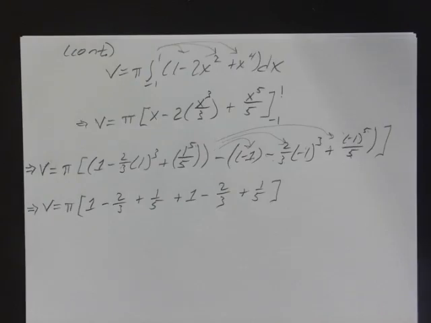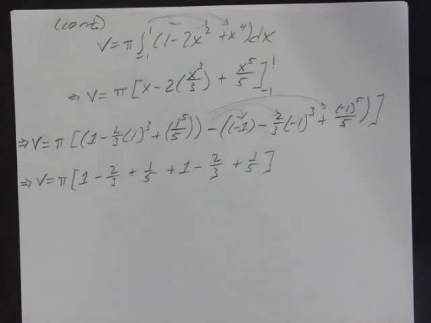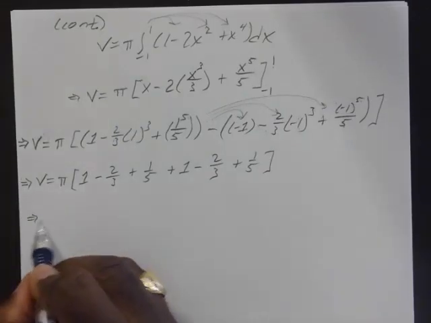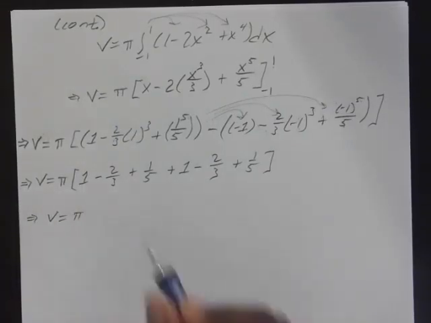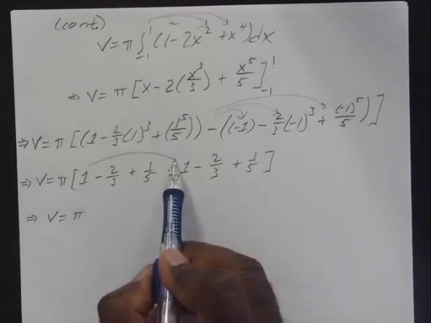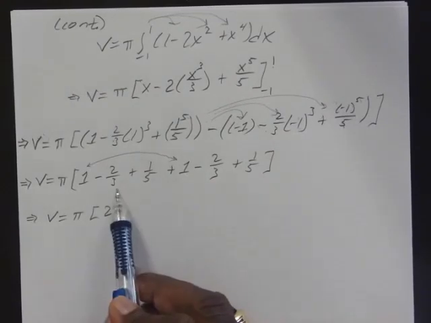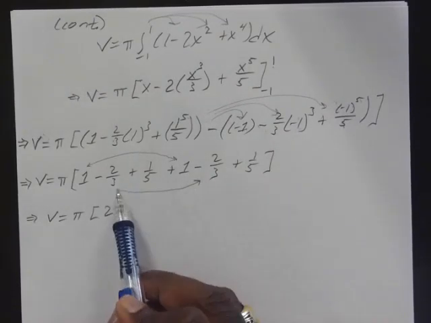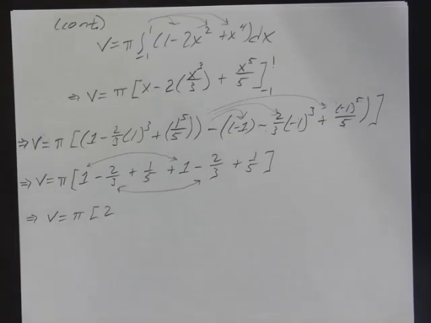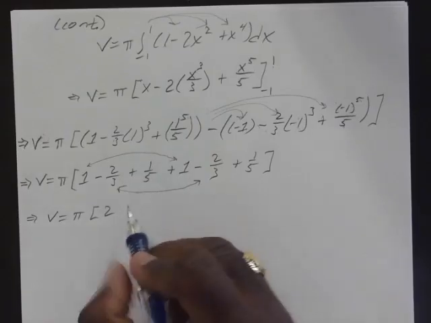Then from here, it's just combining like terms and simplifying. So if we go ahead just to make it quick and combine our whole numbers, it's 2. And combine our fractions with a denominator of 3: -2/3 minus 2/3 is -4/3.